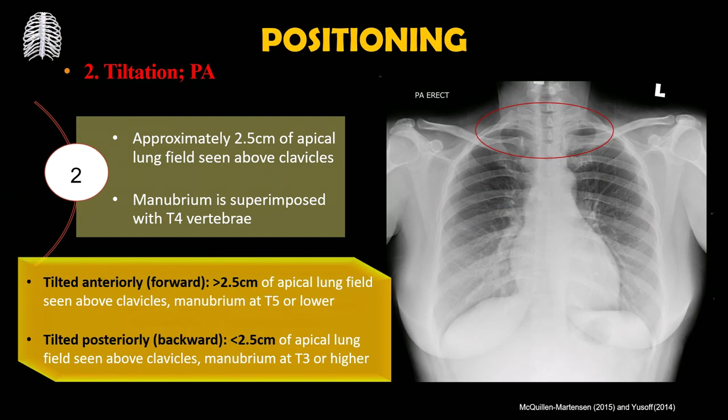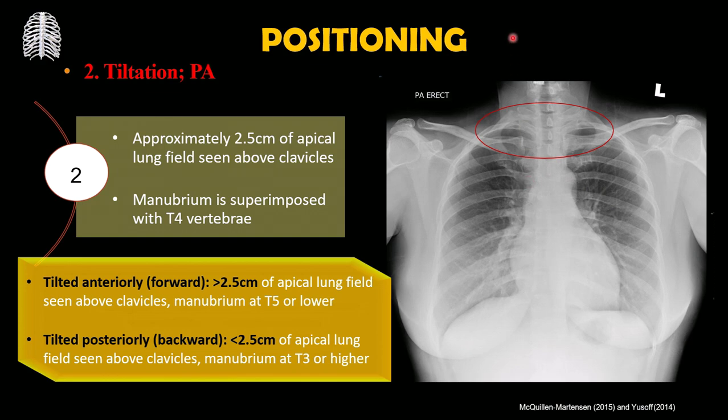Next, the second criteria for correct PA positioning is to seek evidence of tilting. During positioning, the tilt of the superior mid-coronal plane can be determined by assessing the amount of apical lung field shown above the clavicle, the relationship between the manubrium to the thoracic vertebrae, and the degree of lung and heart foreshortening.